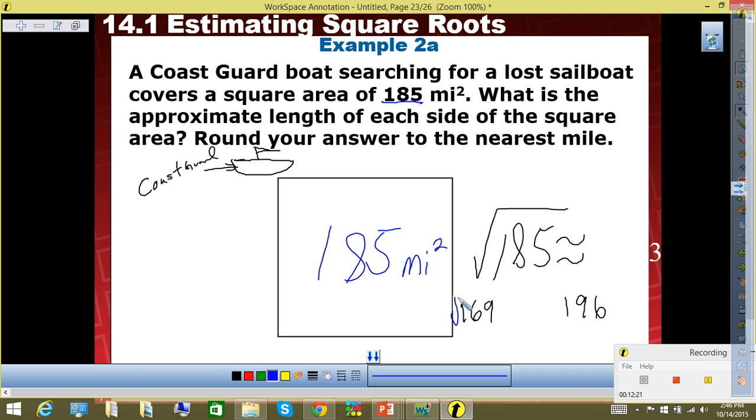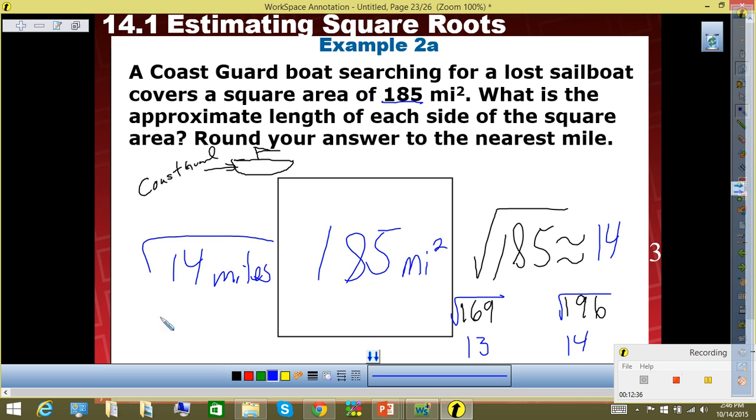Square root of 169 is 13. Square root of 196 is 14. Therefore, this is approximately 14. So the length of the area that they're looking for is 14 miles. Everybody see that? Okay? And that's how you do those.